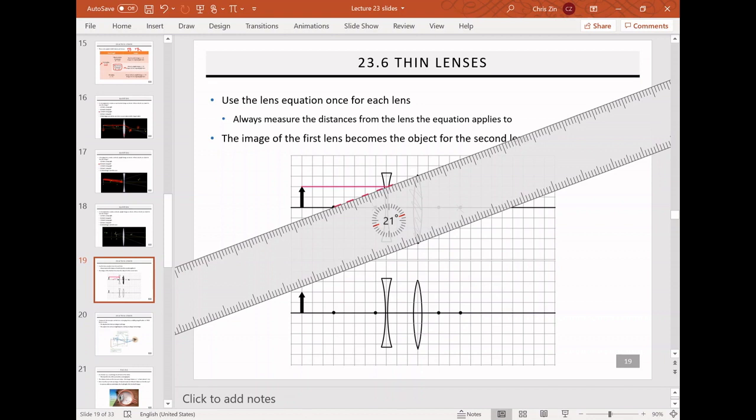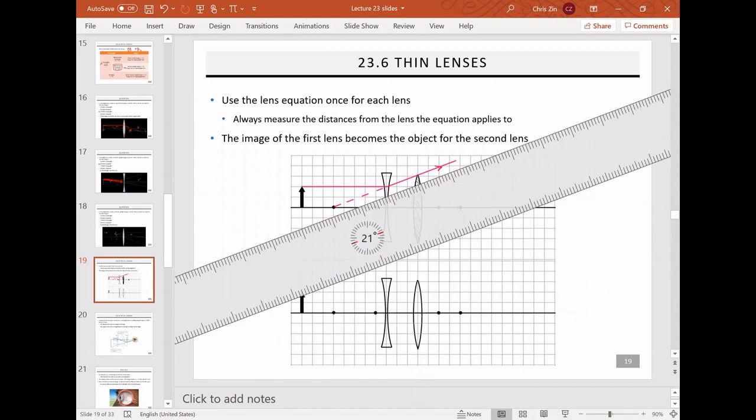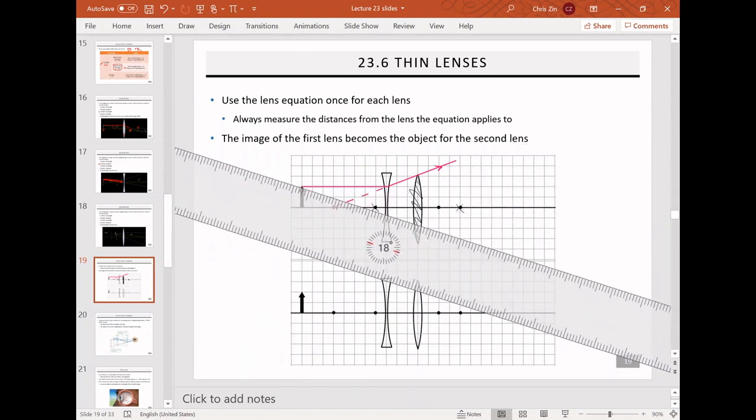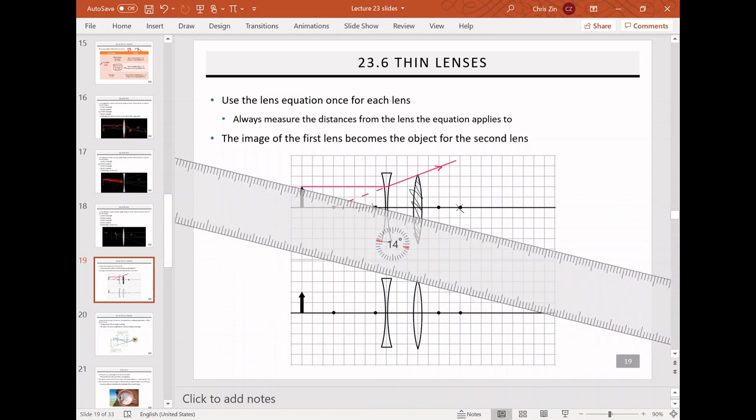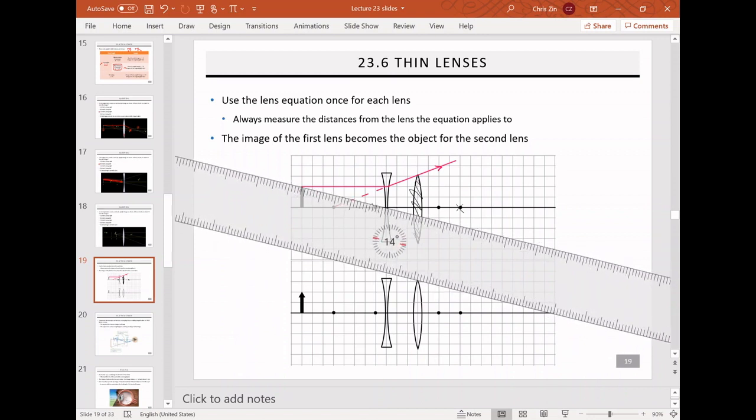So then that horizontal ray will refract upward in this direction. The next easiest to draw ray is the third easy to draw ray. We will draw the ray that starts at the top of the object and goes straight through the center of the lens.